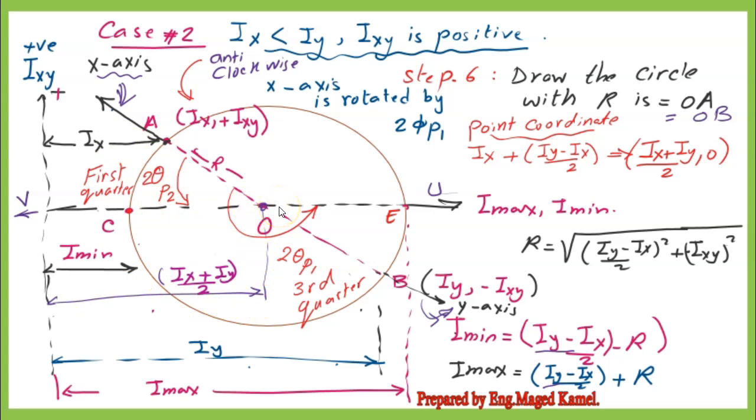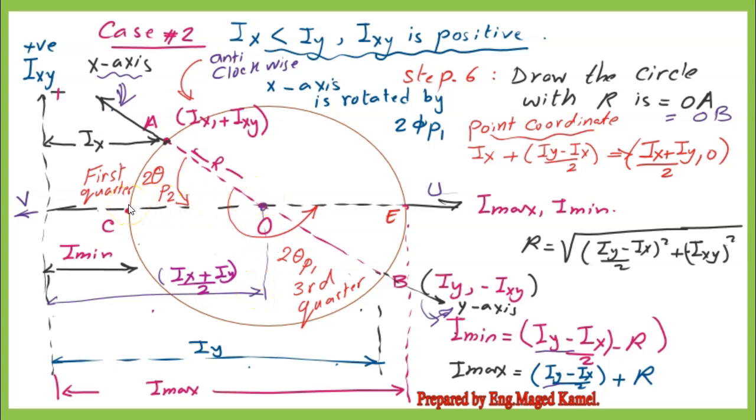Since we have Iy bigger than Ix, the radius of the circle is equal to the square root of Iy minus Ix divided by 2 raised to the second power plus Ixy squared. Point E is the maximum value of Ix, and it is equal to Ix plus Iy over 2 plus R. Point C is the minimum value of Ix, and is equal to Ix plus Iy over 2 minus R.